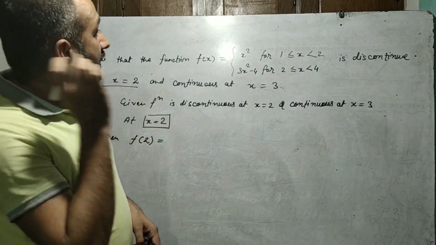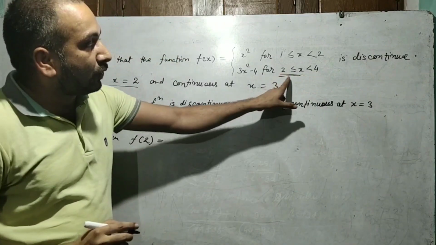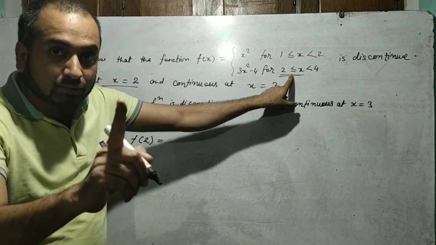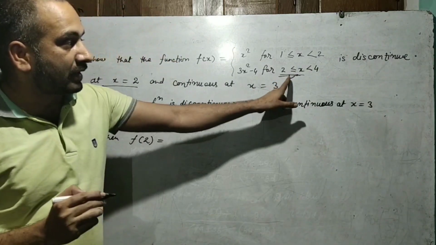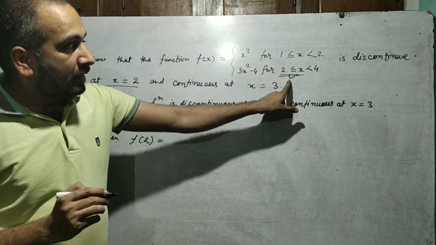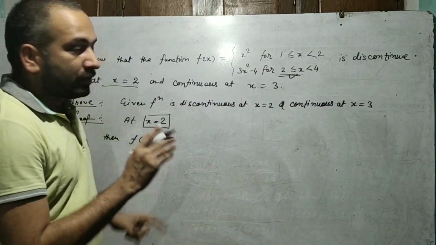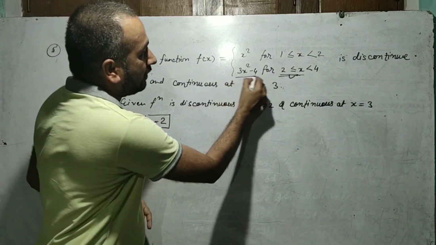See here, at this point, 2 is less than or equal to x, which means the value of x here is 2. In this interval, 2 ≤ x, here x = 2, so your function is 3x square minus 4.